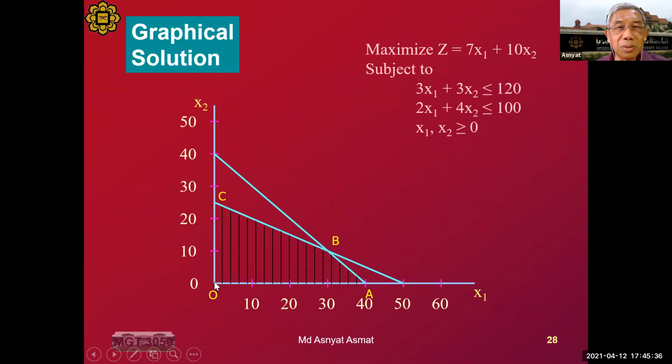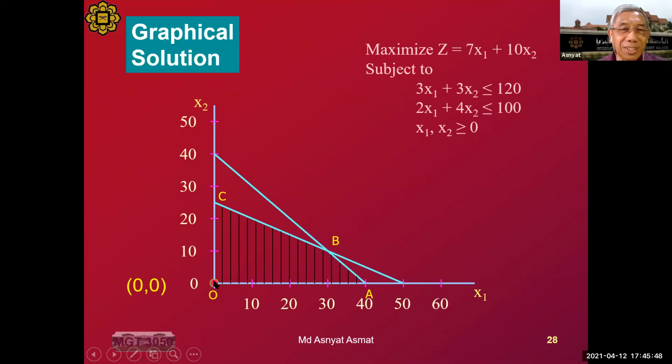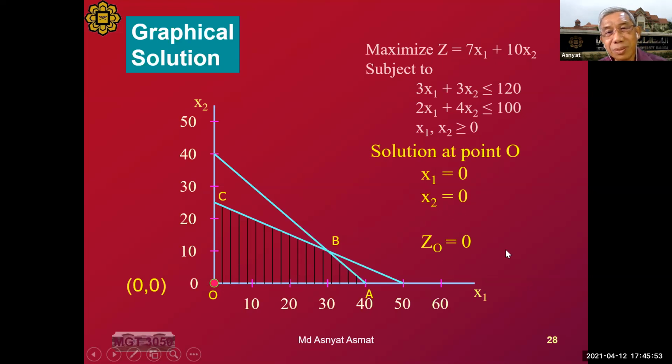If X1 is 0 and X2 is 0, what is your profit, Z? 0. Straightforward. So we are at this coordinate. So the solution at point O, X1 is 0, X2 is 0, it makes sense. We do nothing. Of course, your profit is nothing.